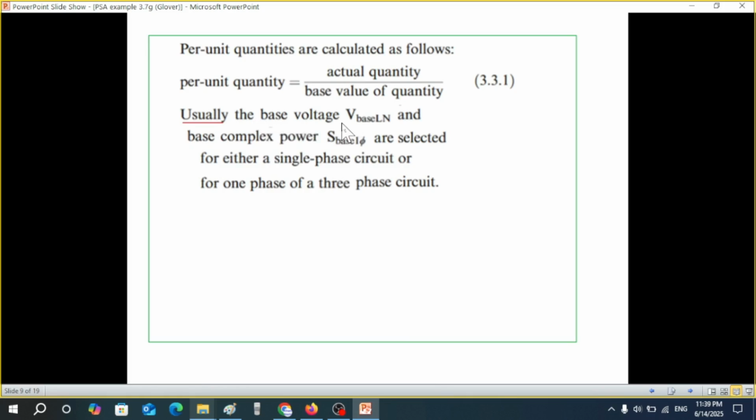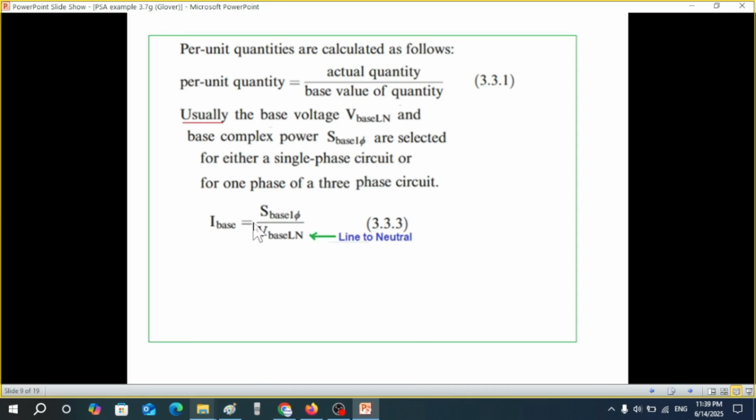Usually the base voltage, base line to neutral, and the base complex power of single phase are selected for either a single phase circuit or one phase of the 3-phase circuit. So if it is 3 transformers making a bank, then also we preferably select the single phase.